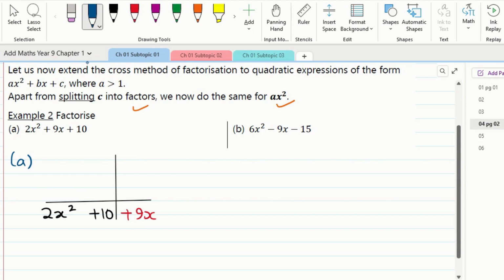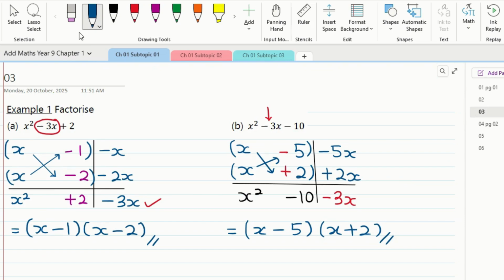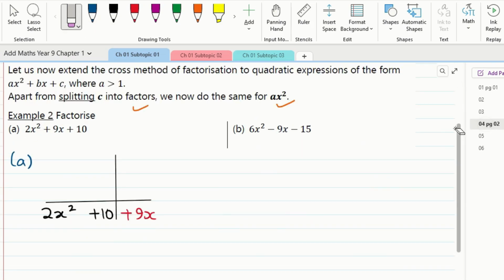For the first term, instead of the previous example where you just multiply x and x, you need to check whether the factors of 2x squared are x times x only, or whether you have to include a number also. Since 2 is a prime number, the only factors are 2 and 1, so 2x times x.